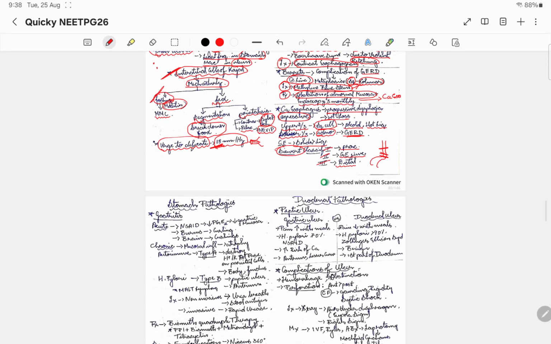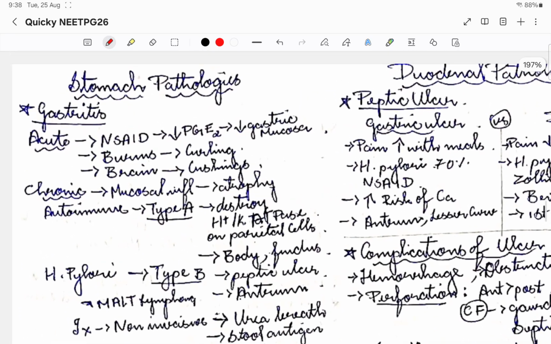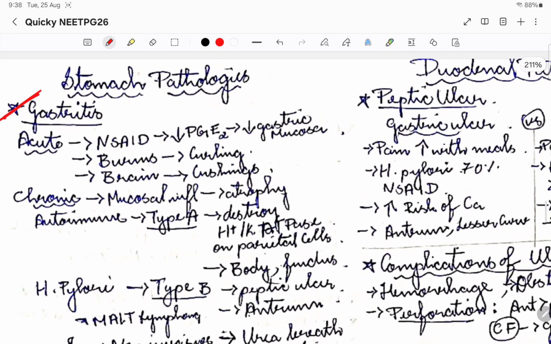Now we will move on to the pathologies of the stomach. In the stomach, it is gastritis. Gastritis is very important. There are two types of gastritis: acute gastritis and chronic gastritis. The acute gastritis will be caused by NSAIDs.